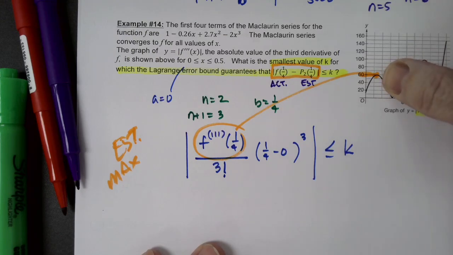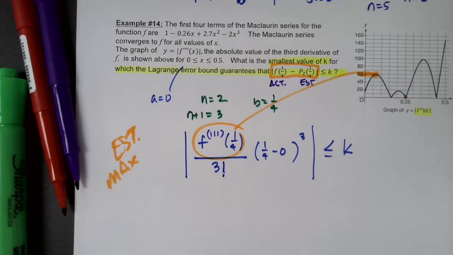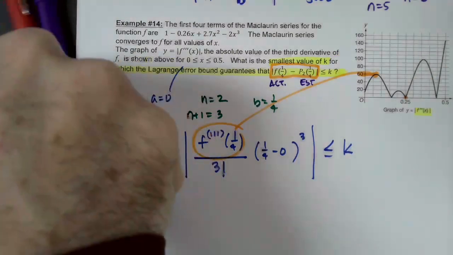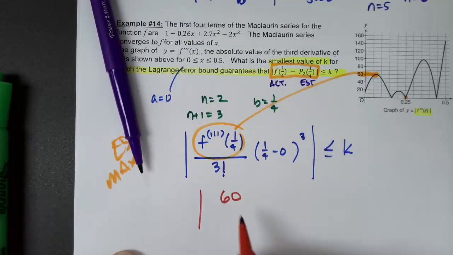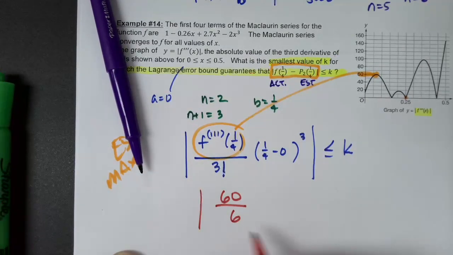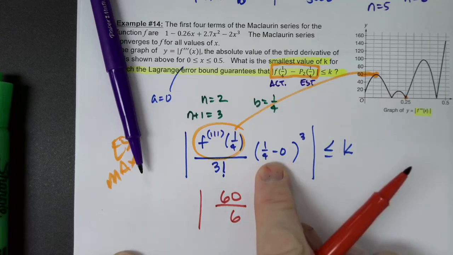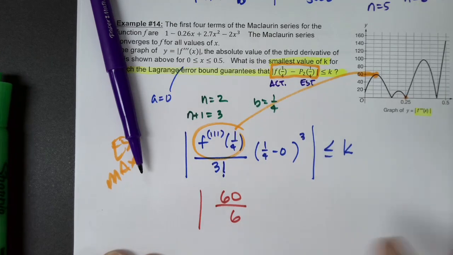Just like when we used our sine curve. The highest we were on the sine curve is positive 1. We used the maximum in that range, not the actual value here. So this actually becomes 0.6, that maximum value there. We know that 3 factorial is 6. And then 4 times 4 times 4 is 64.